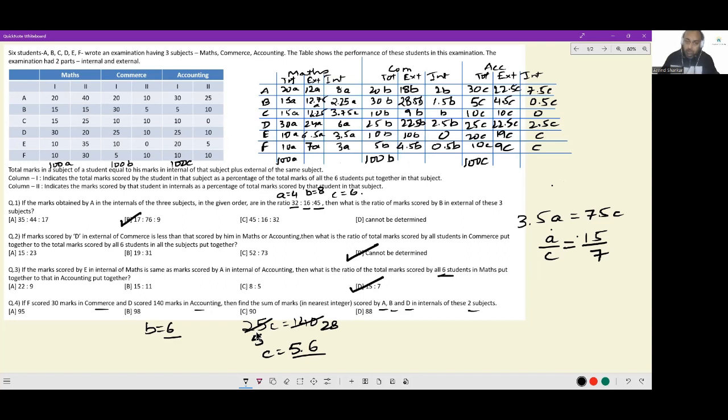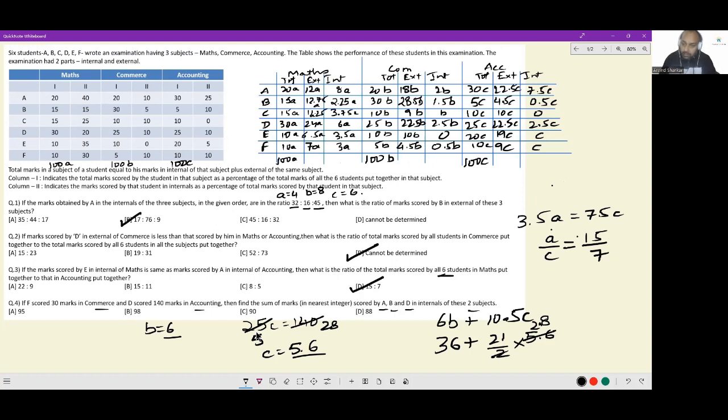So 4 plus 2, so 6B I need, plus 7.5, 0.5, 10.5. C, I need this. 6B will give me 36. 10.5 is 21 by 2 into 5.6. Cancel, cancel. 2.8.